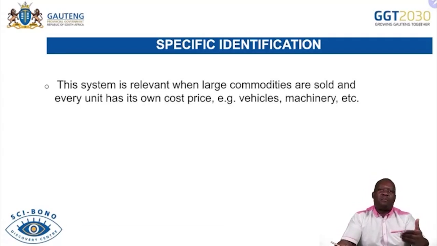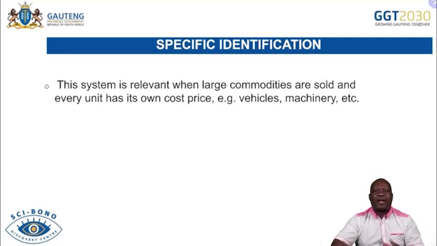Even if they are the same year model and have the same features, they will never have the same cost price. So every vehicle is unique. Because every vehicle is different from the other one, the cost price is unique. And therefore, we can easily specify which vehicle we are talking of.